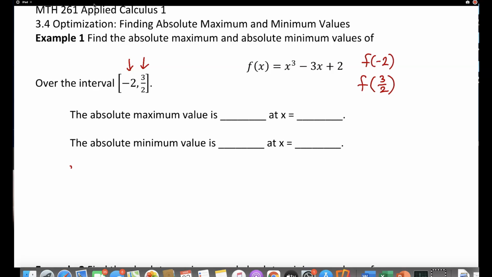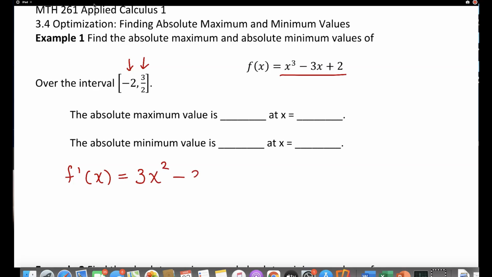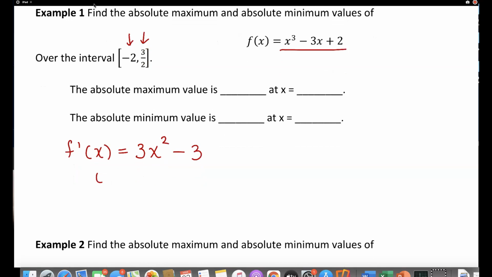So first find the first derivative. If f of x is x cubed minus 3x plus 2, the first derivative is 3x squared minus 3, right? So I set this equal to 0.